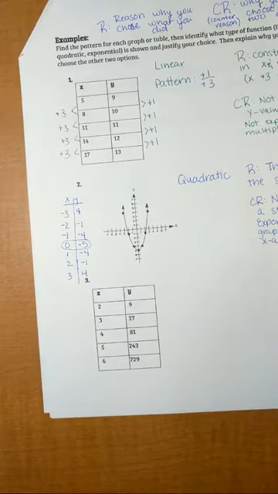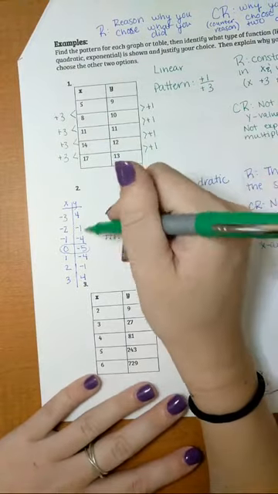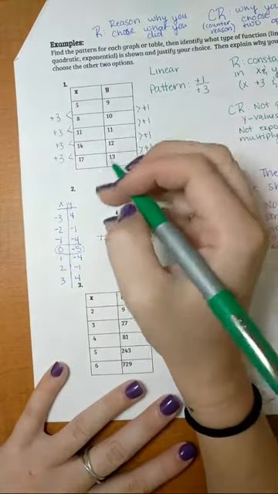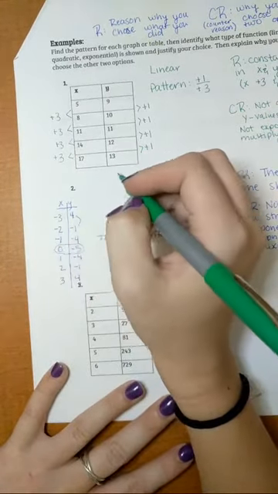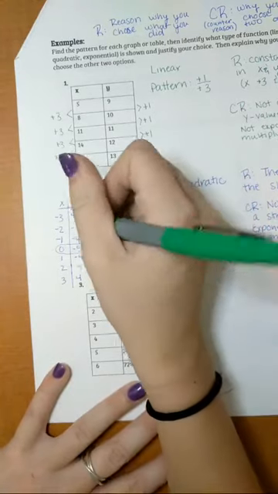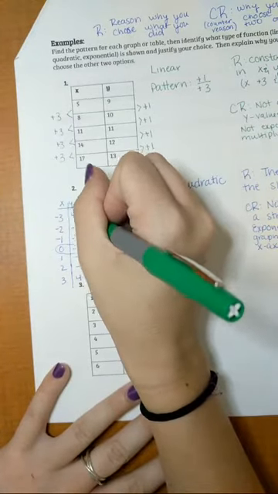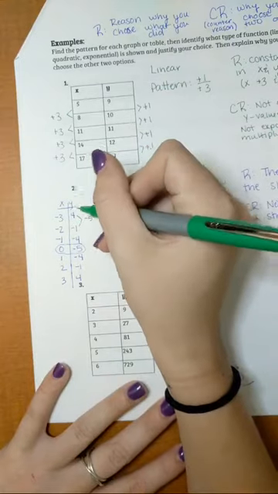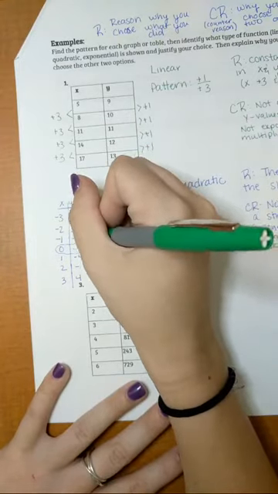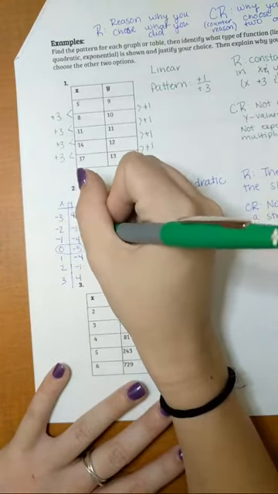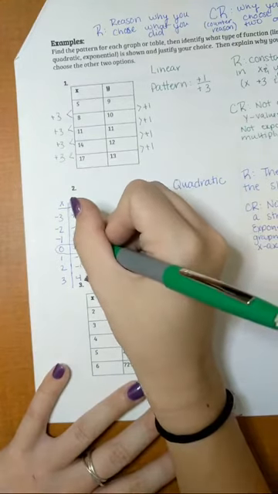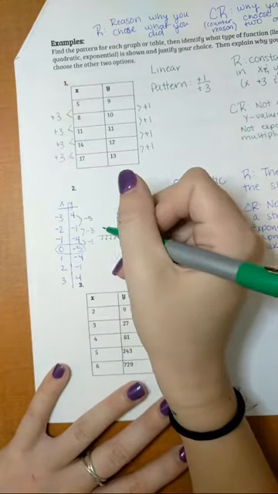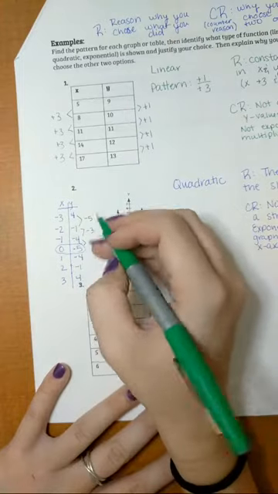So remember, in a quadratic, it's a double pattern in your y values. So from here to here, I am going to subtract 5. So from 4 to -1, I'm subtracting 5. Then from -1 to -4, I'm subtracting 3, subtracting 1. And now it's going to flip because, again, we're mirroring.